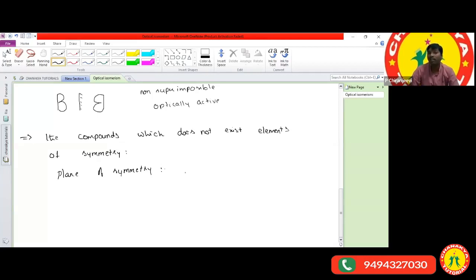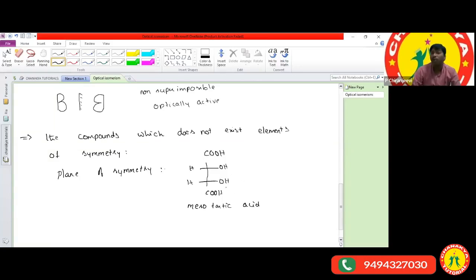The example is meso-tartaric acid, with COOH, H, OH, H, OH, and COOH. So this we call meso-tartaric acid, which is optically inactive.